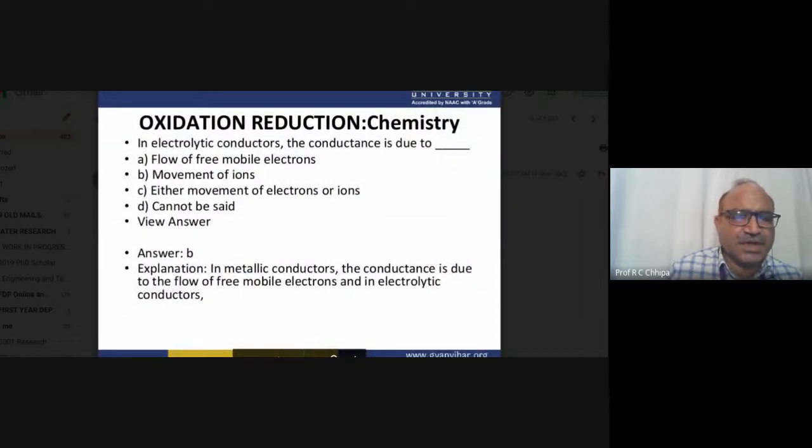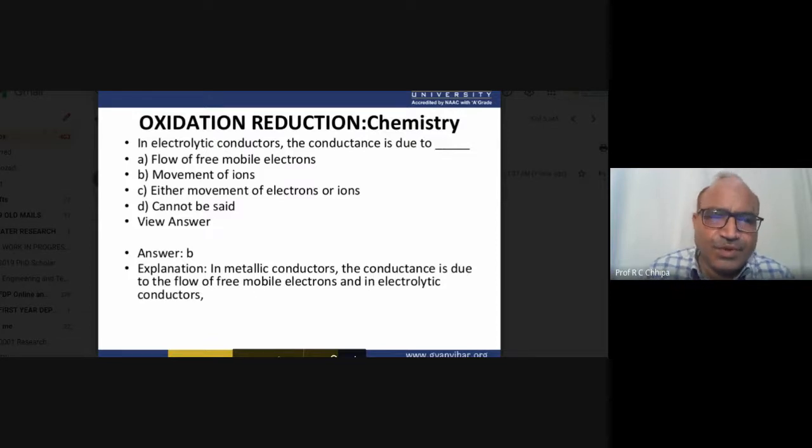One more thing is the electrolytic conductor. Electron transfer itself is also an example, so let's see the different aspects of electron transfer, which is related to oxidation.